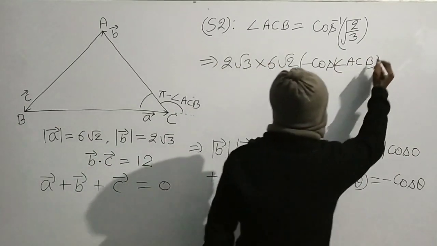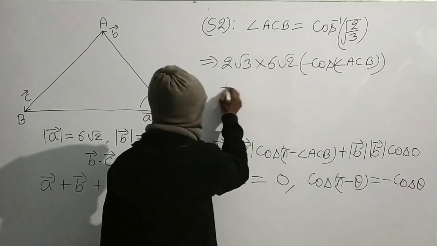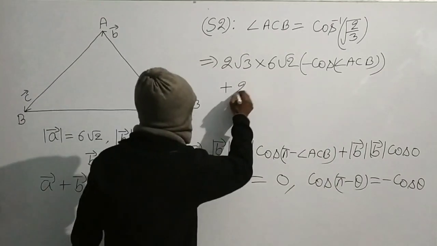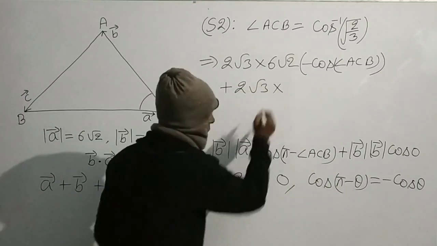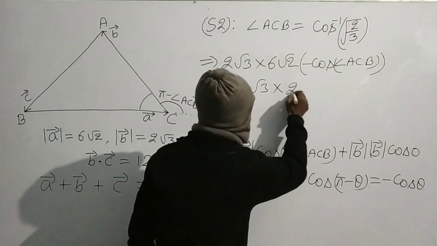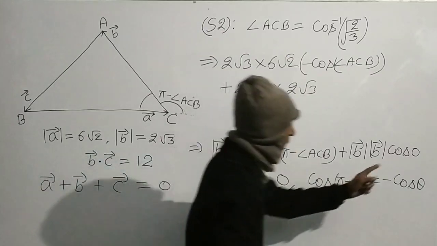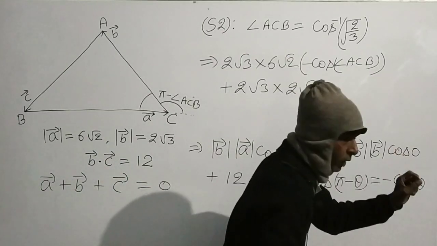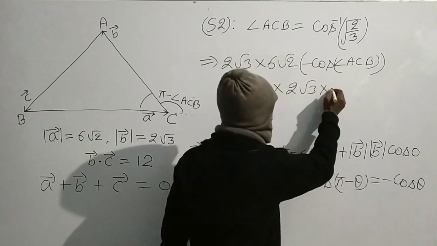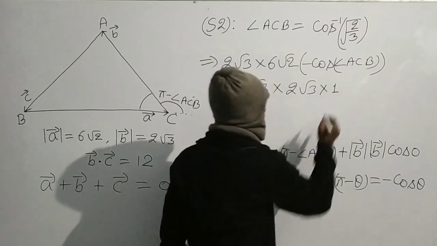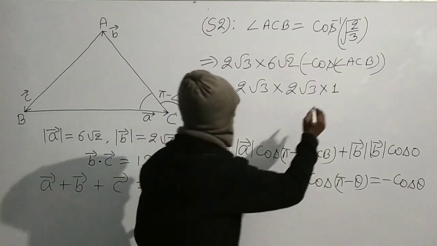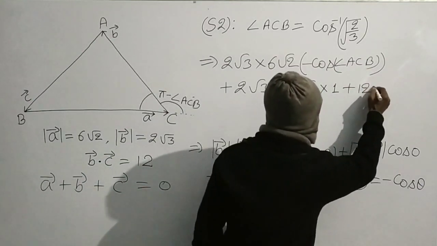Plus mod of B 2 root 3 times again mod of B 2 root 3. Value of cos 0 is equal to 1. Therefore, 1 plus 12 is equal to 0.